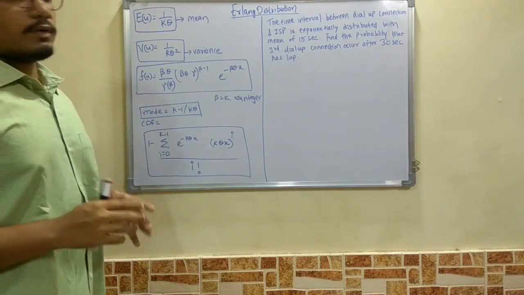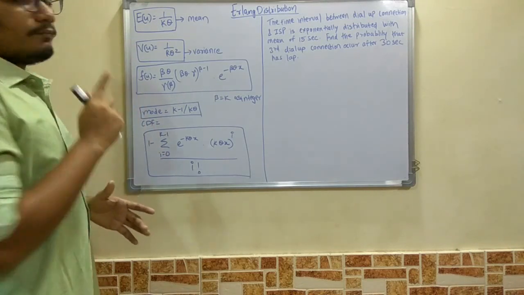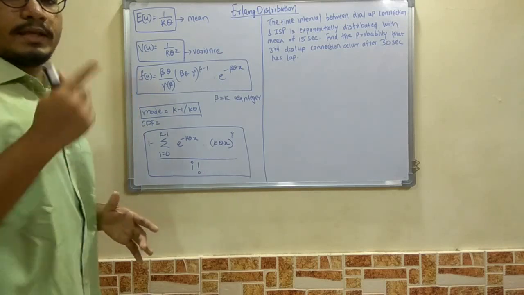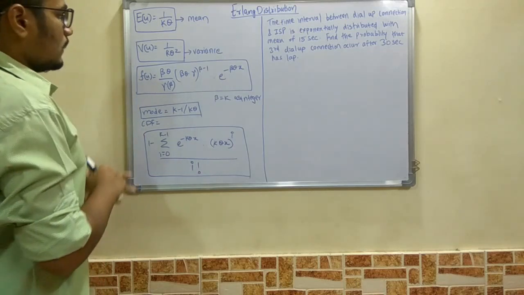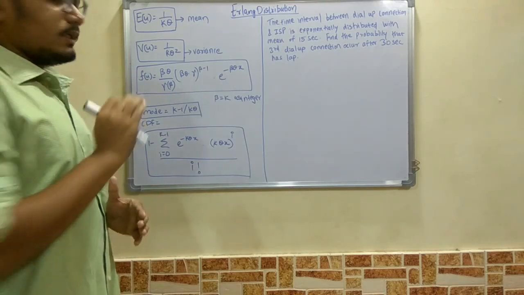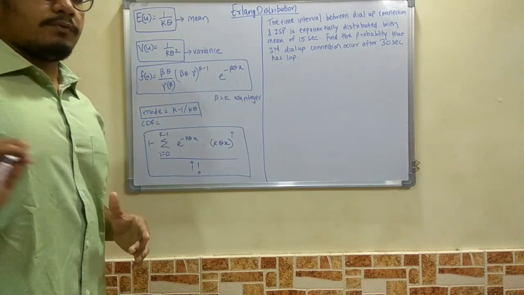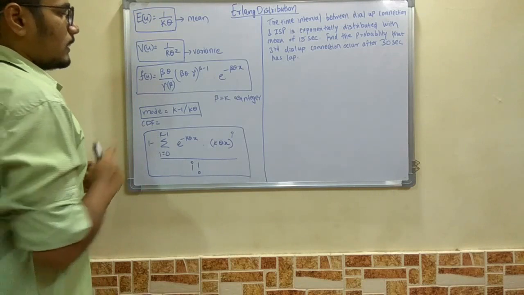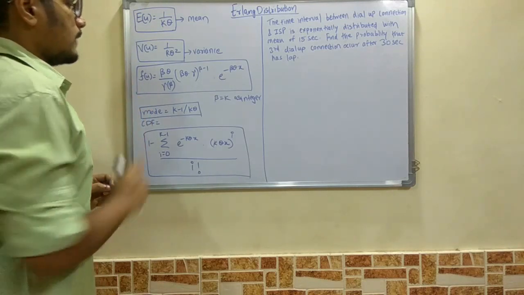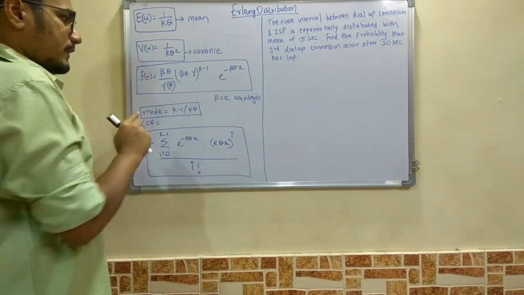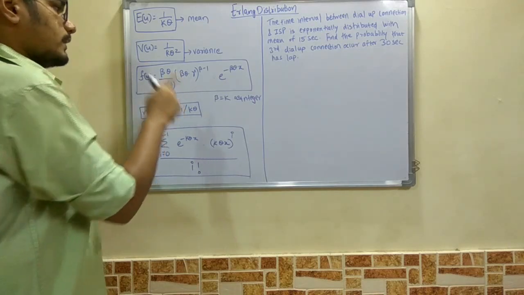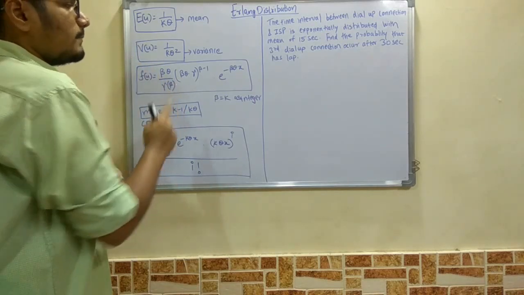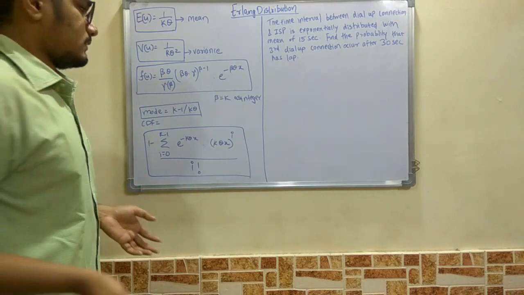Next we have the variance, which is V of u, equal to 1 upon k theta square. Next we have the function, which you can consider as the small f of x, but here small f of u, which is beta theta divided by gamma of beta, multiplied by beta theta into x, the whole raised to beta minus 1, multiplied by e raised to minus beta theta x.